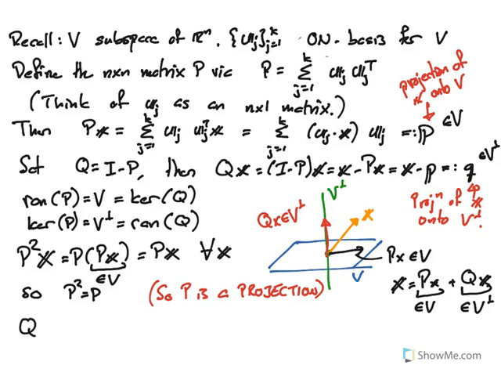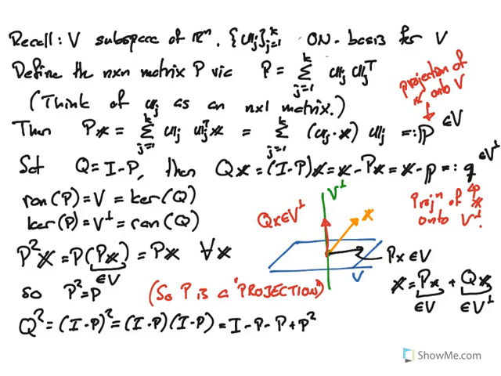And what about Q squared? Well, Q squared is I minus P squared. Just do some matrix algebra. What I mean to show here is that there is a mathematical definition of what it means for a linear operator to be a projection. It's precisely that its square is equal to itself. So what do we get here?